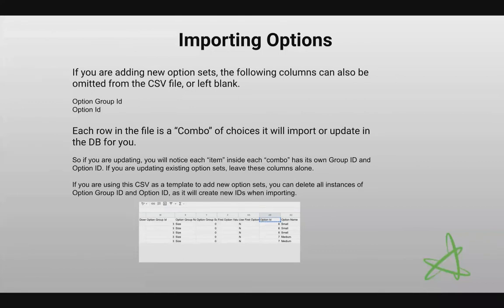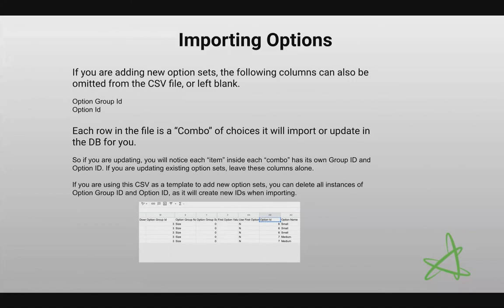Now, if you're adding new options, then you would have columns where the option group ID and option ID obviously won't exist, because if you haven't created them before, the ID numbers don't exist. Unlike the product ID, which would exist because the base product probably exists. But if you're adding options to a product that doesn't exist, these option group and option IDs won't exist.